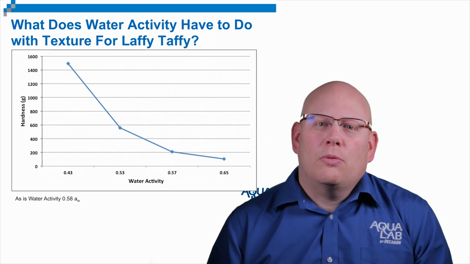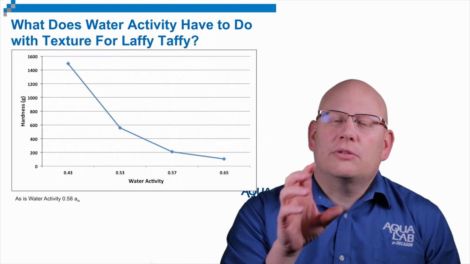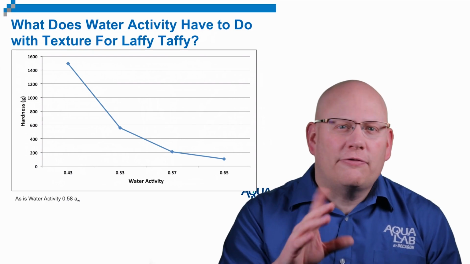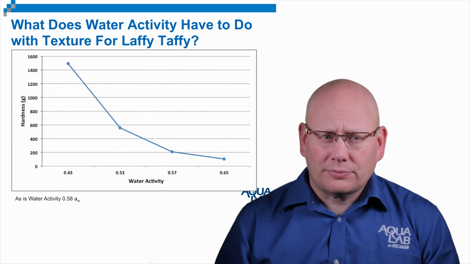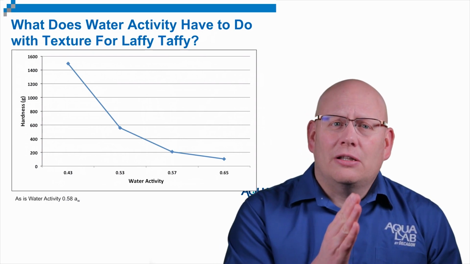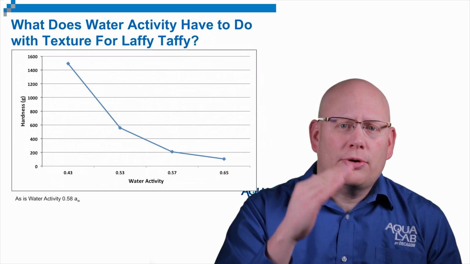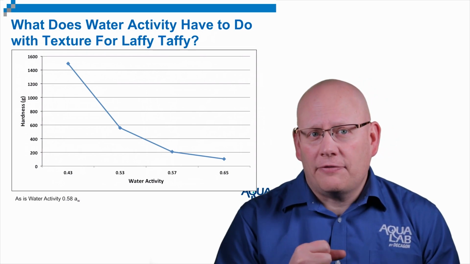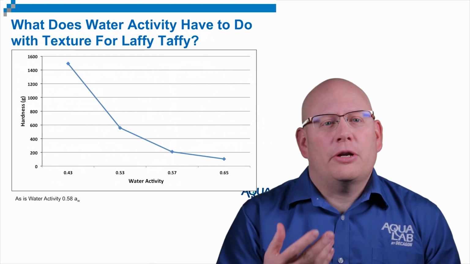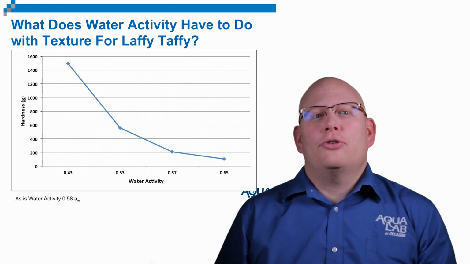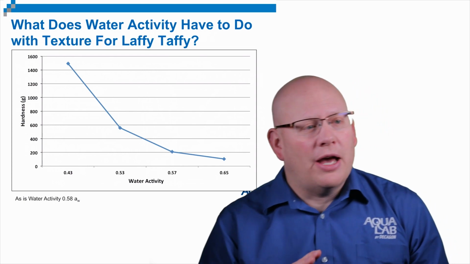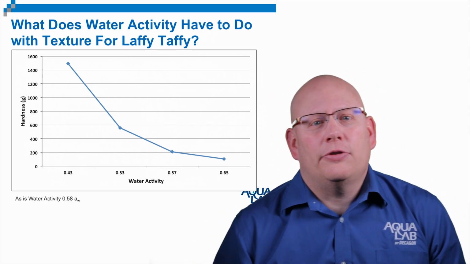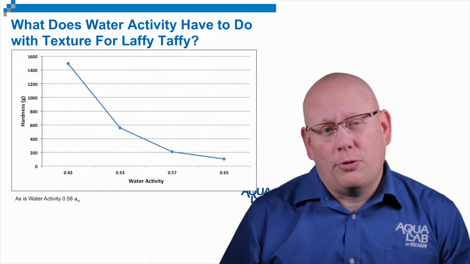Notice that as the water activity gets lower, now natively this product is at about 0.55 water activity, notice as it gets to lower water activities that there's an increase in that resistance. In other words, the taffy becomes harder. And if somebody was to consume that if the water activity had dropped too low, keeping in mind that most ambient relative humidities are about 30 to 40%.